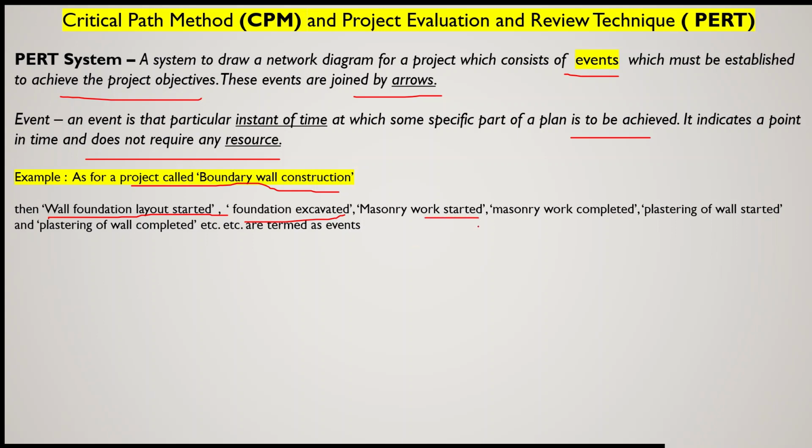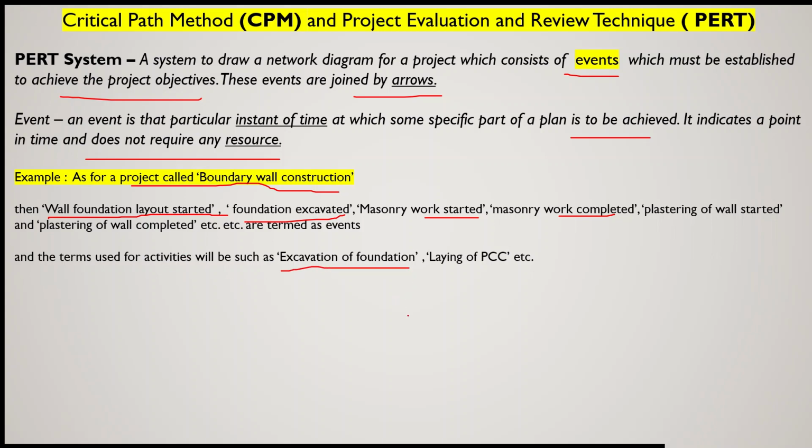Similarly, masonry work started, masonry work completed, plastering of wall started, and plastering of wall completed. So it is only giving the information of a start of an activity or a completion of an activity. That means it points out the instant of time. So these are termed as events, and the term used for work is activities. Now, if you say excavation of foundation, so excavation of foundation is an activity.